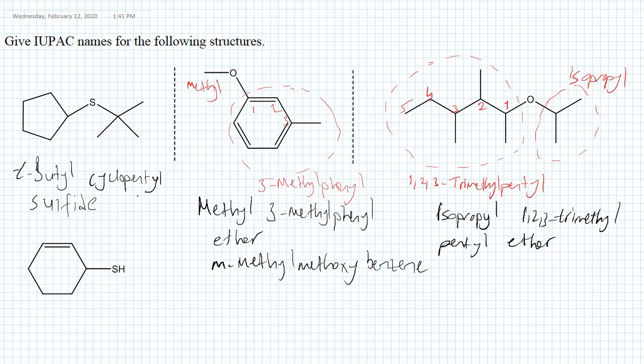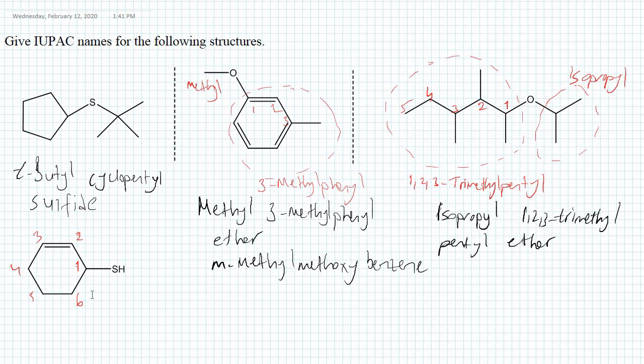We have to start numbering from the carbon next to the functional group, so it has to be number 1. Let's go with the red marker. So this has to be number 1, 2, 3, 4, 5. It's a cyclopentane, but it's a cyclopentene. We have an alkene functionality, 2-cyclopentene.